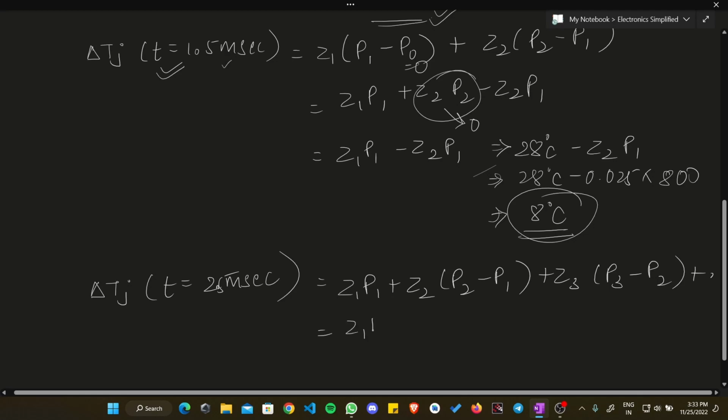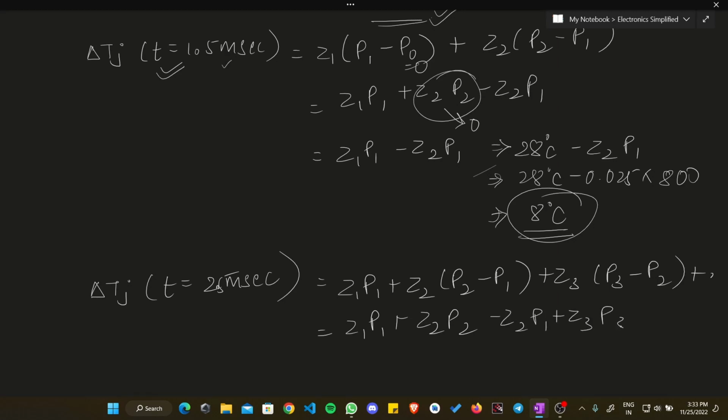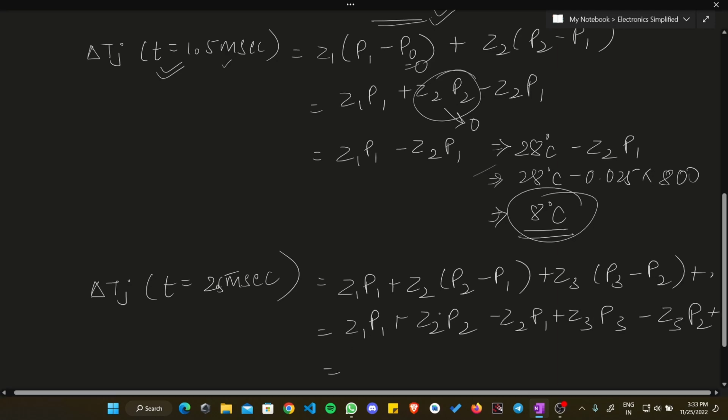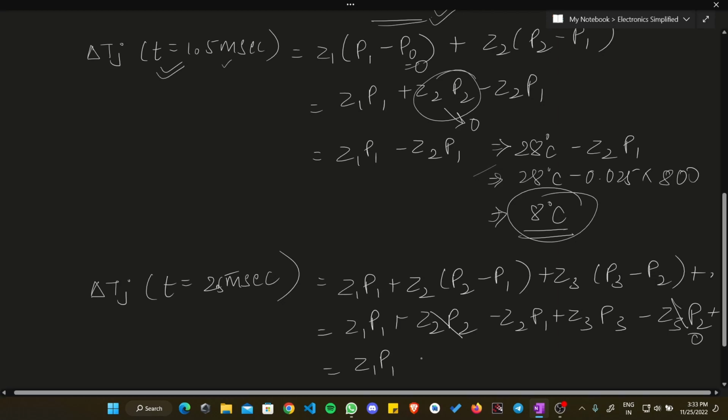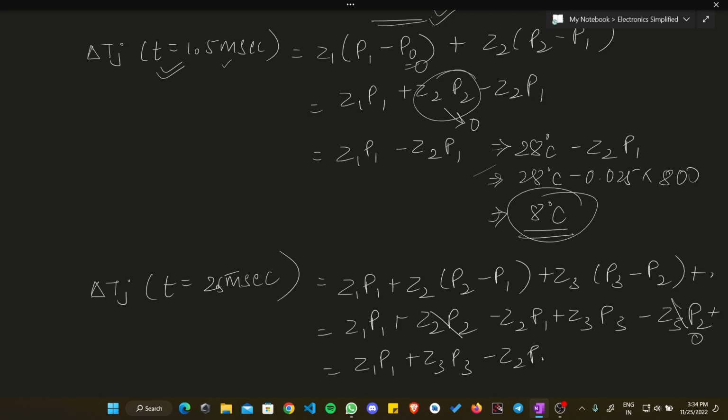Now if you simplify it a little more and open the brackets, you will get z3 p3 minus z3 p2 and so on. Now z2 p2 is 0 since p2 is equal to 0. Also the z3 p2 term will be 0 since p2 is 0. So finally our formula will become z1 p1 plus z3 p3 minus z2 p1.